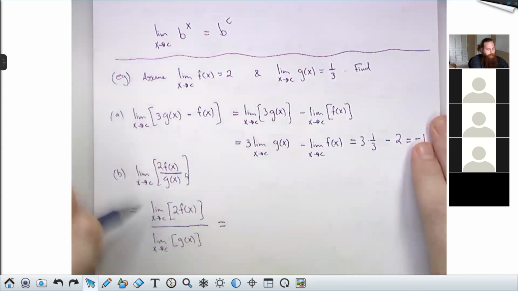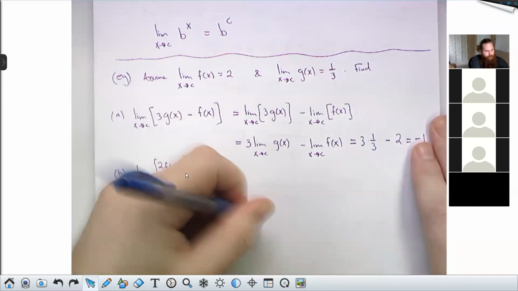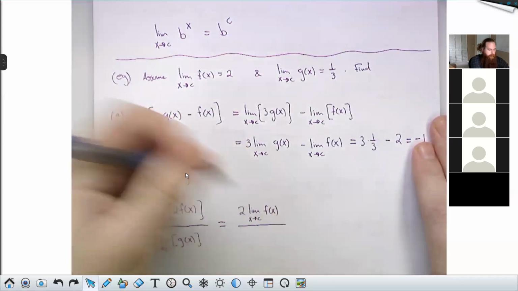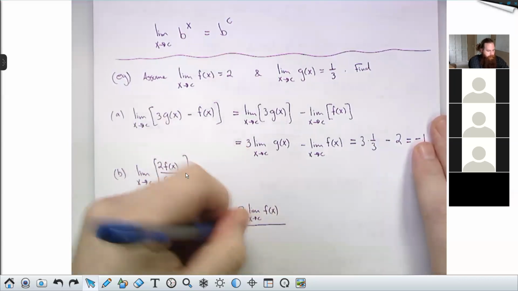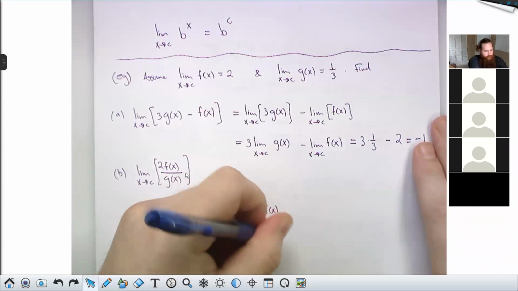And then upstairs here, I can pop out the 2. So this will be 2 times the limit as x approaches c of f of x, divided by, this is just the limit of g of x now, the limit as x approaches c of g of x.